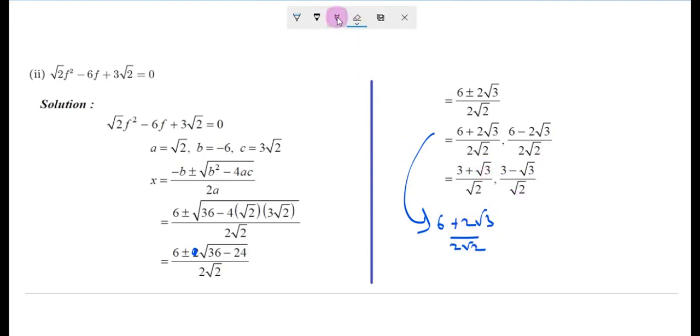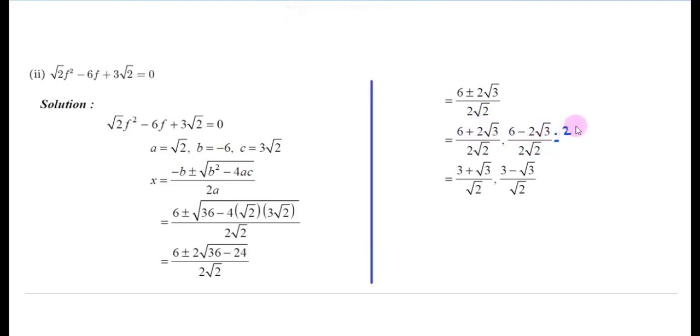Otherwise I may write here, for first term. Okay, here 2 common, so 2 into (3 plus root 3) by 2 root 2, understood.